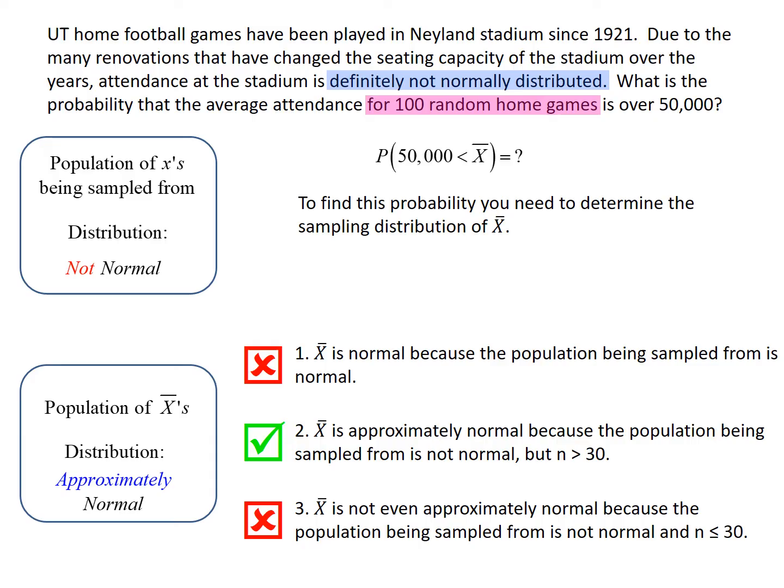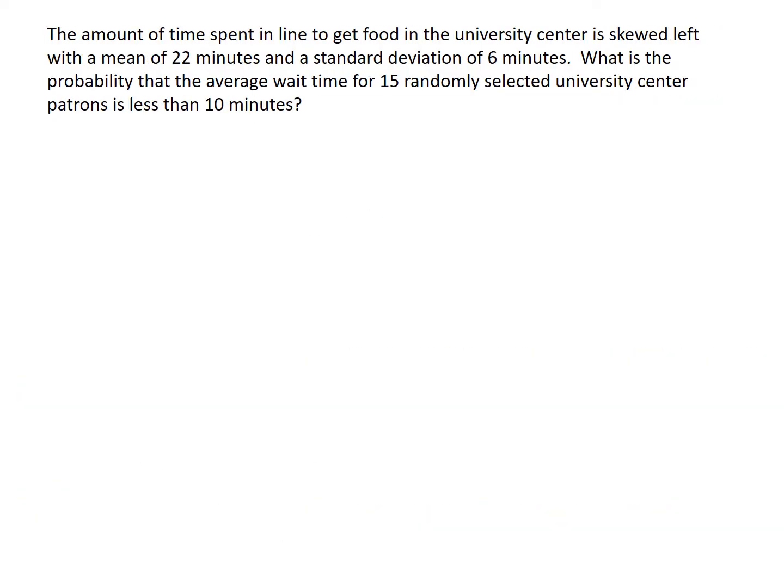Okay, so again, the average for groups of 100 is going to be approximately, not truly, but close enough to normally distributed that we can use all of our normal distribution tools to answer questions about the average attendance for 100 random home games.